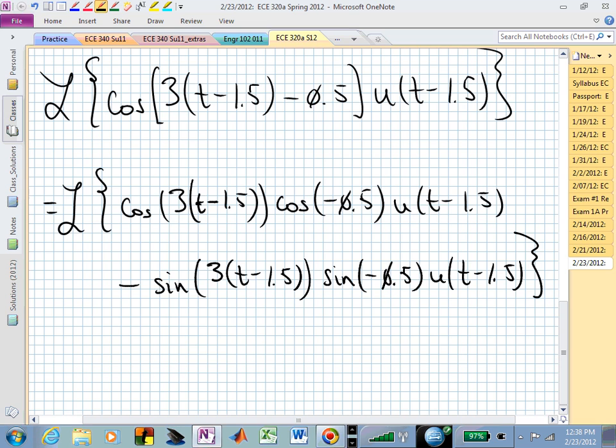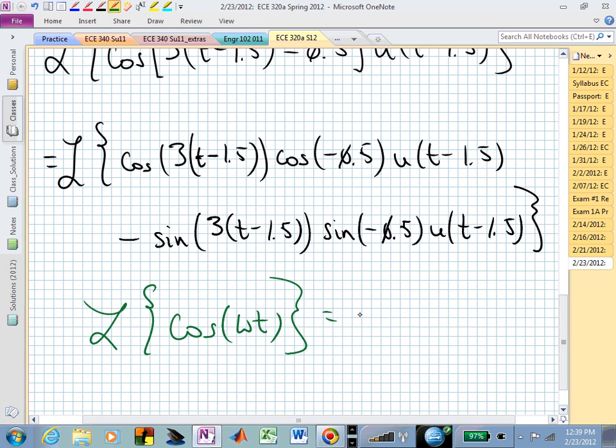Now all we have to do really is remember our transforms for cosine and sine. What's the cosine transform? If I said, what's the Laplace transform of cosine omega t, what is that one? What's downstairs? How could you get half of this transform correct, whether that was sine or cosine?